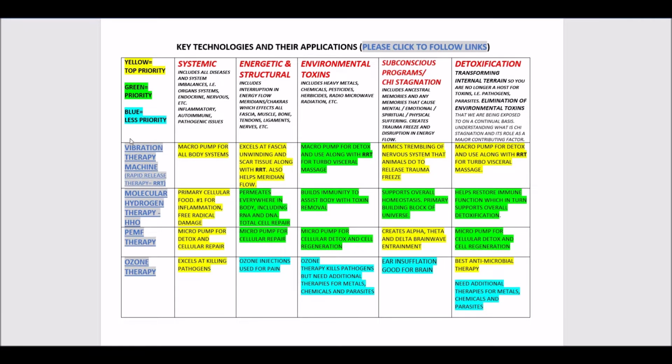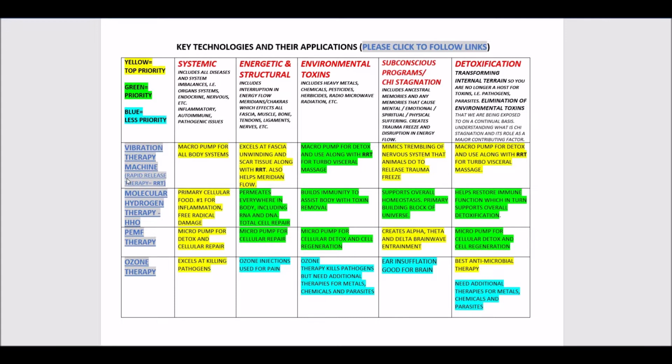Okay, so here's our overview chart. It's grouped into 5 major categories. We have systemic, energetic, structural, environmental toxins, subconscious programs, Chi stagnation, and detoxification.